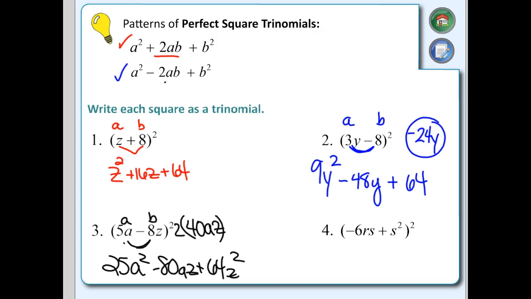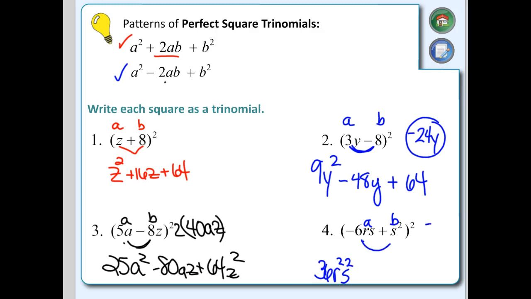Let's try one more and see what happens. So this is A and this is B. We take the first term and we square it. Well, negative 6 times negative 6 is 36. And then we're going to have R squared, S squared. Now remember, we multiply these two together.